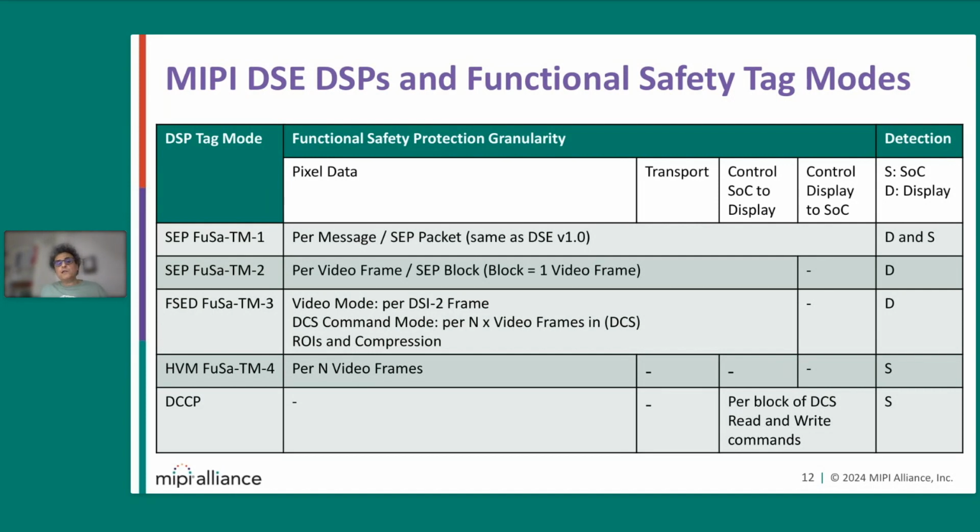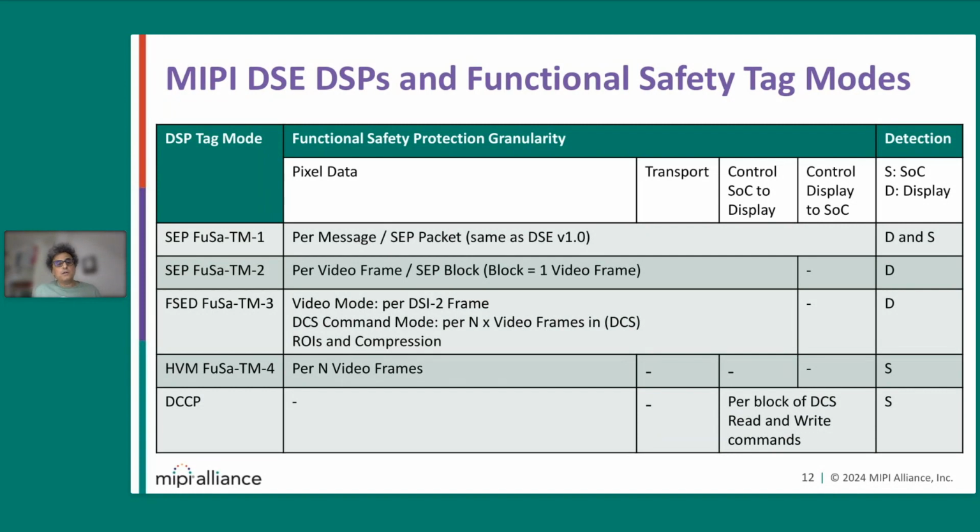When we're using SEP FuSa tag mode 2, per frame protection, the detection is done on the display, and we're protecting everything: the pixel data, the transport, the control from SoC to display. But we don't protect the downlink with tag mode 2. We are using tag mode 1 for the uplink. In FZ, we protect also per video frame granularity, and we also have support for both video mode and command mode protection.